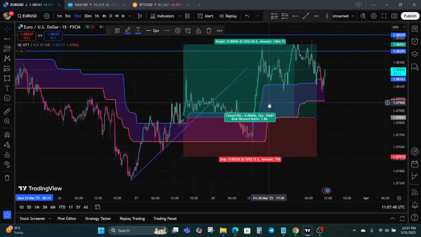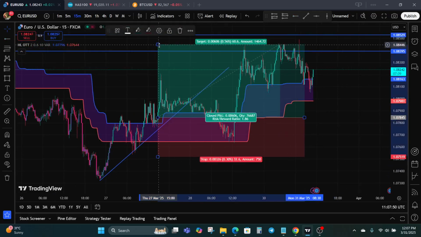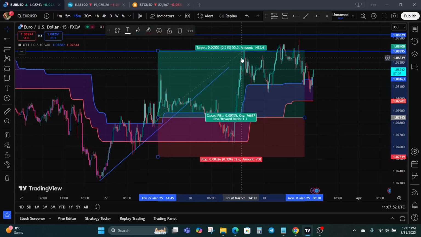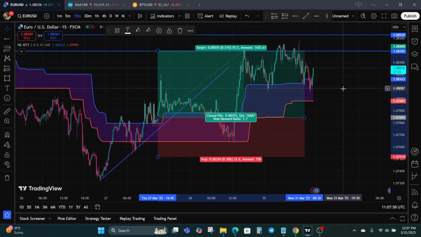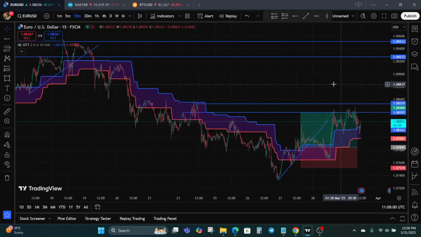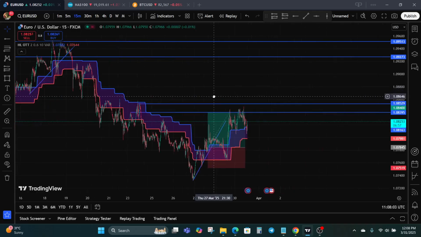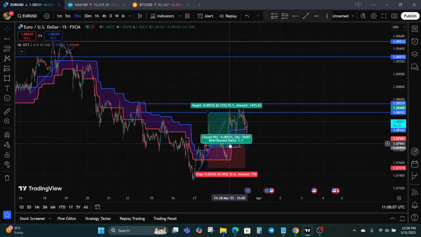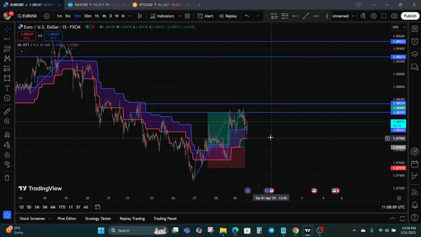So if you were to take this first resistance, then your risk to reward ratio will be around 1:1.7. Well, 1.7 is not exactly very bad, although I'm going to recommend, if you can get at least 1:2, that's even better. But 1:1.7 is also manageable, right?